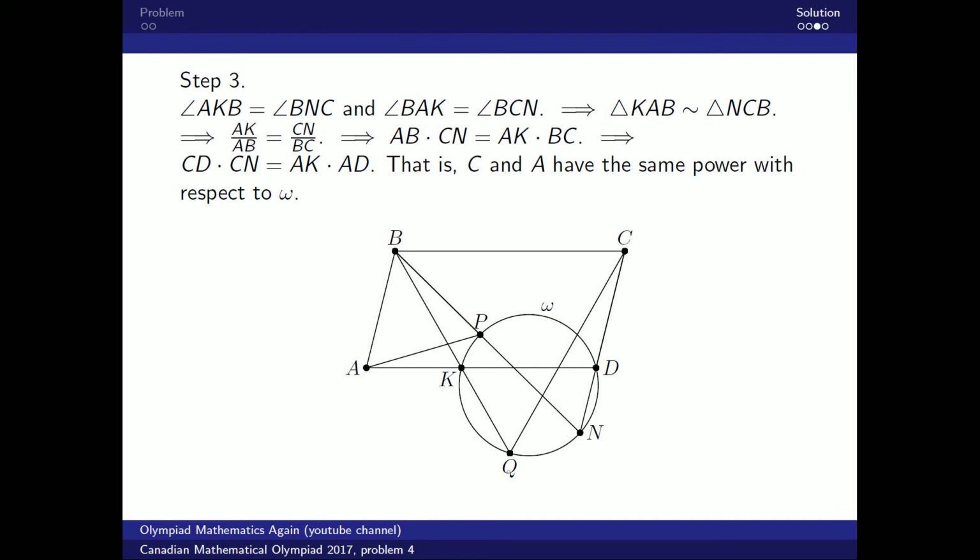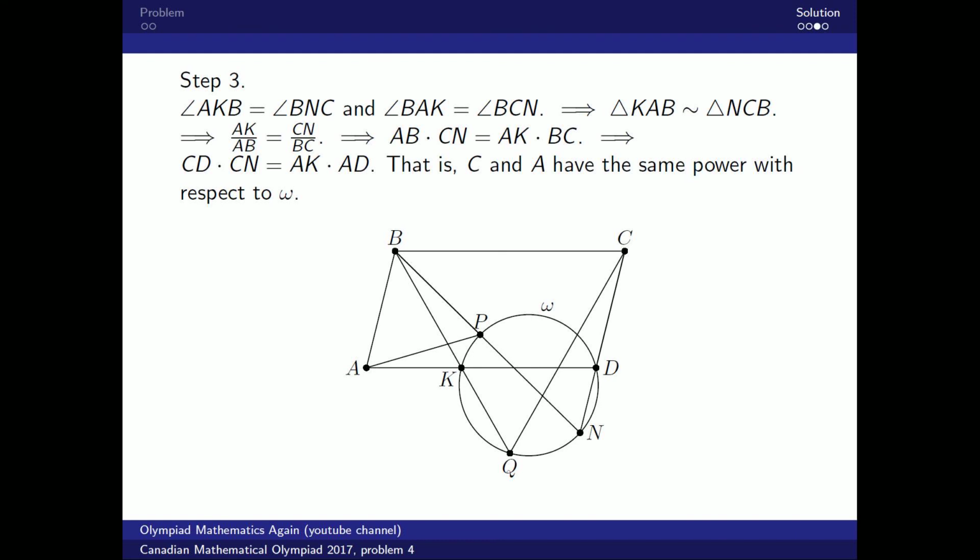The power of the point A with respect to this circle omega is equal to AK multiplied by AD. Therefore, these 2 points A and C have the same power with respect to omega.